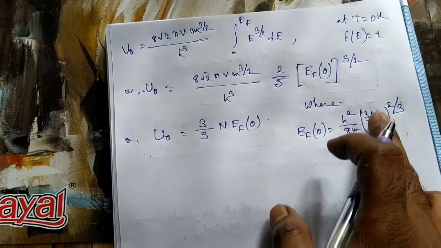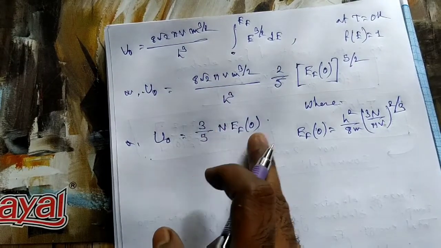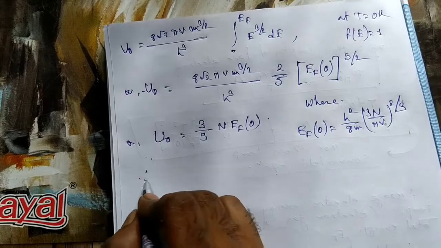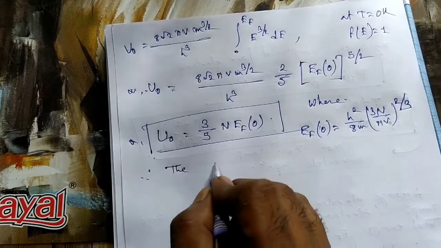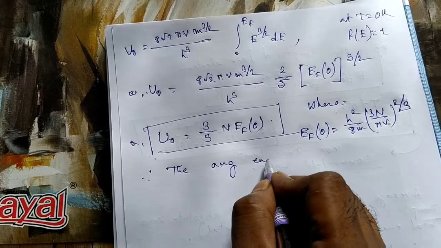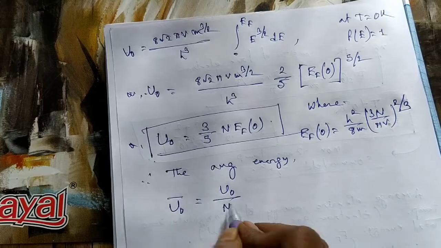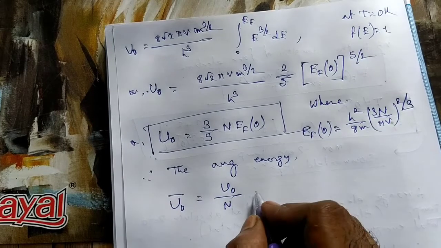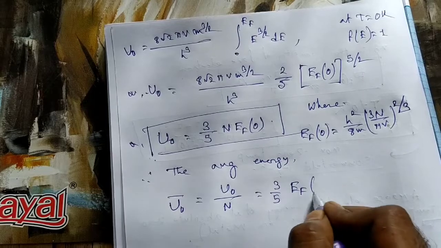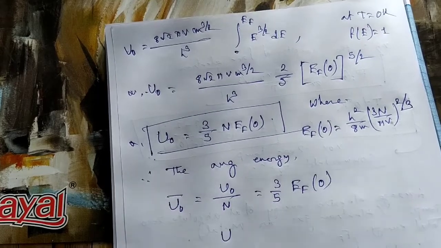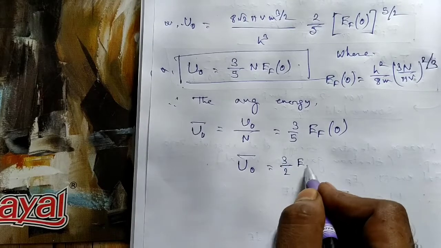Putting in the value of EF, we get U0 equal to 3 by 5 N EF0. So this is the total energy of the system, and the average energy is U0 by N. The total energy per particle is 3 by 5 EF0, so the average energy of the system is 3 by 5 EF.